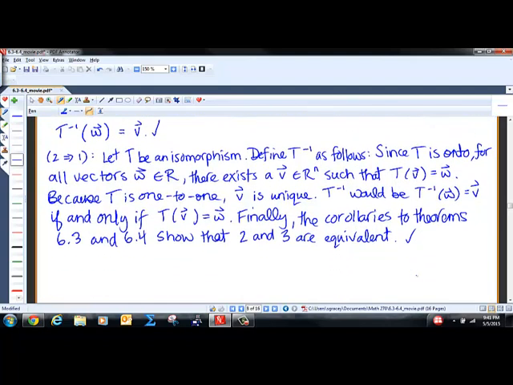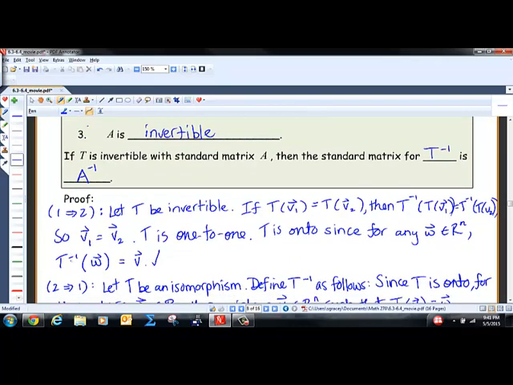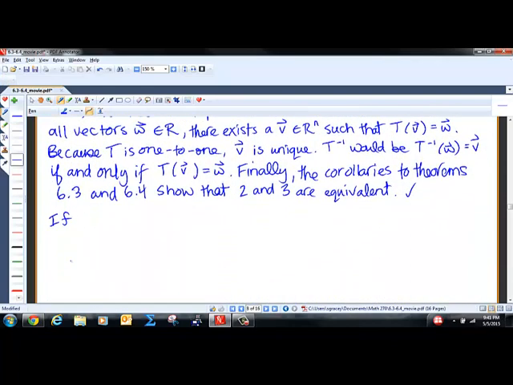Now the last one we need to do is that third one. So remember this was our statement. If T is invertible with standard matrix A, that's what our supposition is. So let's start with if T is invertible, what do we know is true?